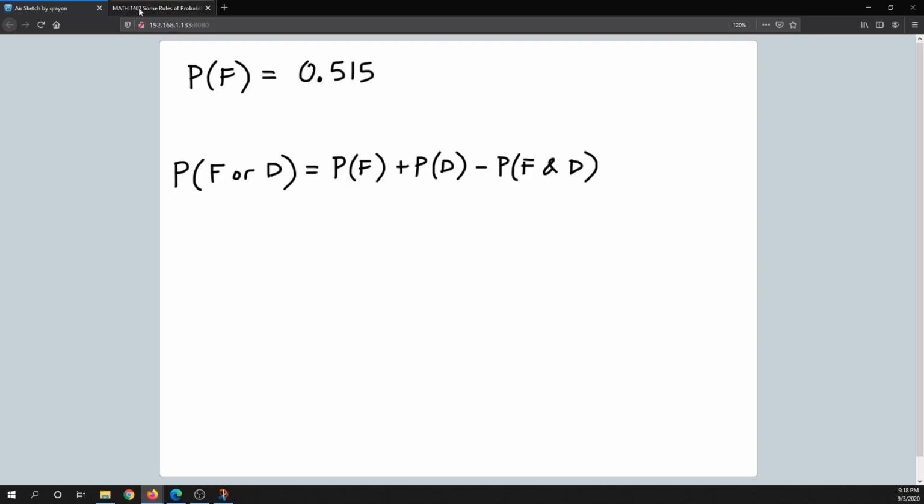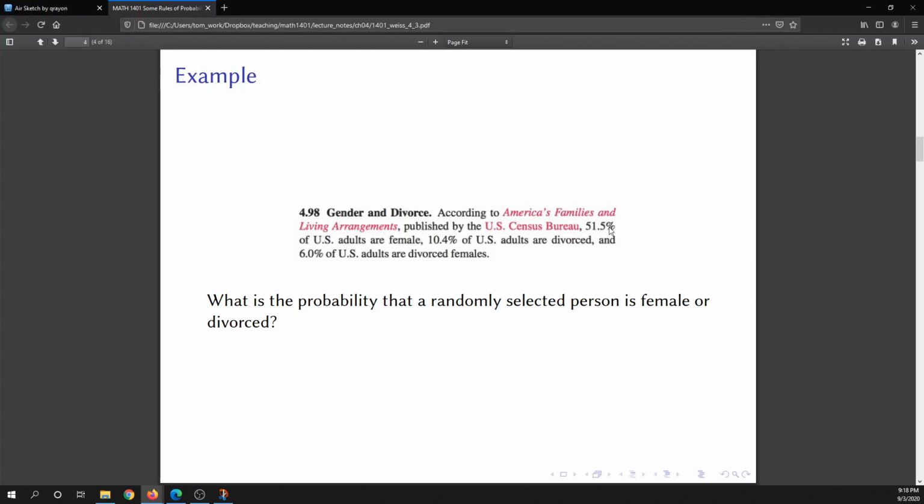So sometimes you can report these probabilities as fractions, right? Because remember, they're all numbers from 0 to 1, so you can report them as fractions. You can report them as decimals as well. We've seen that. You can also report them as percentages. But generally, when you are going to do arithmetic on percents, you just change them to decimals, so you don't have to learn extra things about percents and doing the operations.